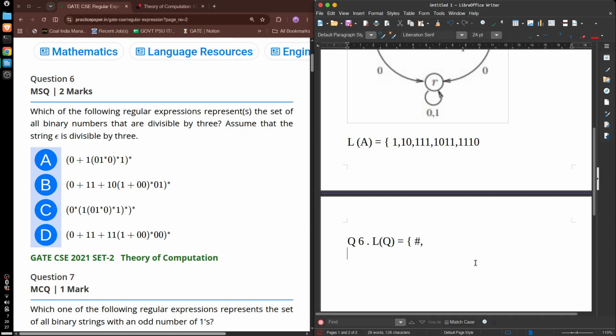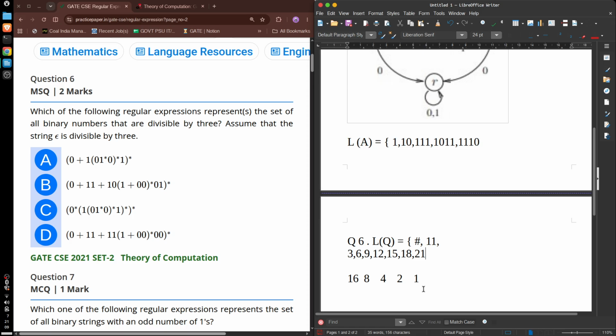But they are asking for binary, so we'll make it binary. Firstly we'll make 1 1, which is 3. And for 6, let me tell you how we are making it. We go 1, 2, 4, 8, 16, 32, the powers of 2.